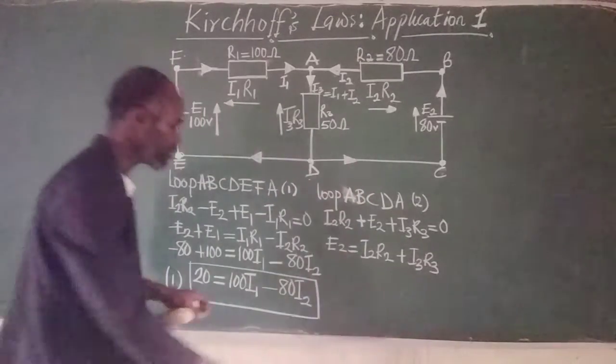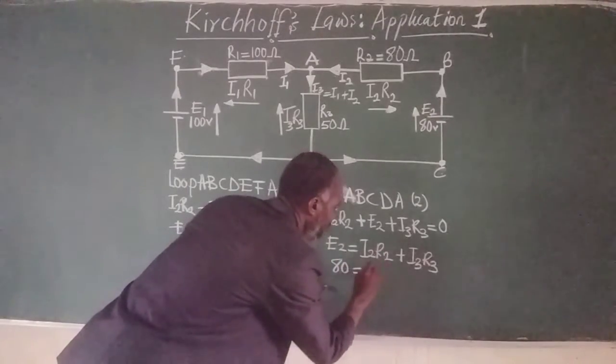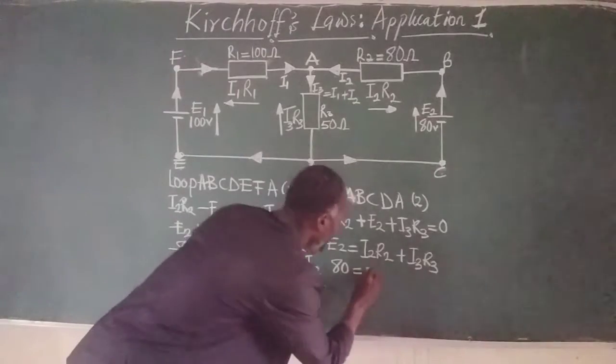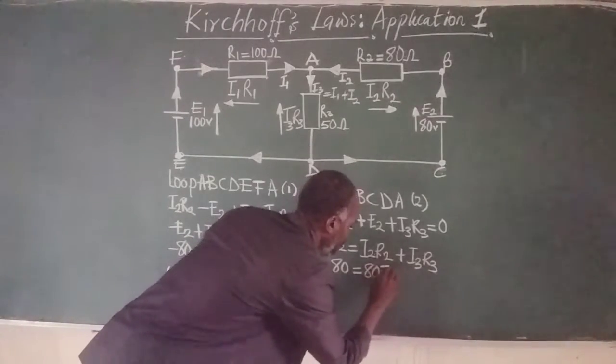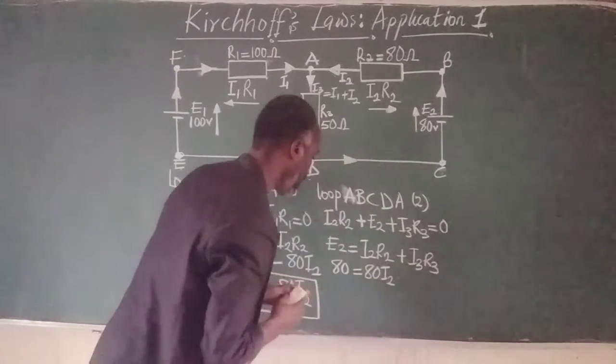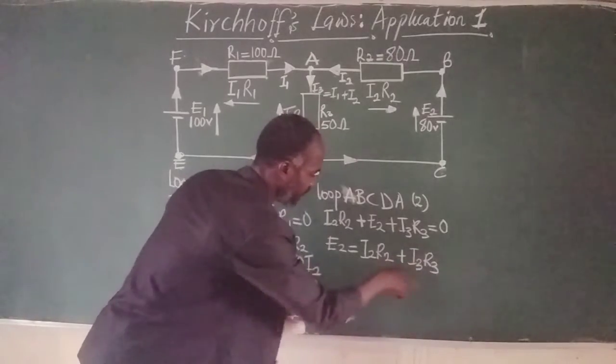At this point, we substitute: E2 is 80 volts, resistor 2 offers 80 ohms, and current 2. Before substituting again, we should explain this further.